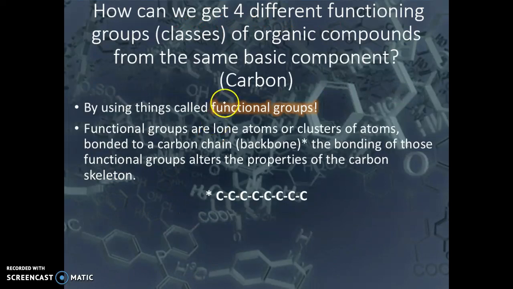So if we are trying to get these long chains of carbon to have different jobs, what we do is we add what's called a functional group onto that organic compound. If we have a long chain of carbon, we sometimes call that the carbon backbone. We can add a functional group like a phosphate, and now that's a nucleic acid.